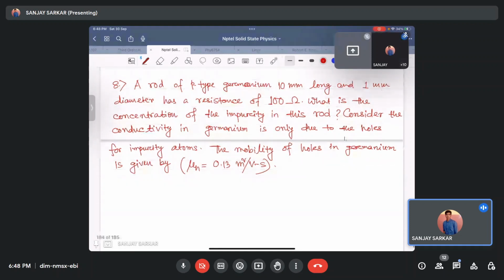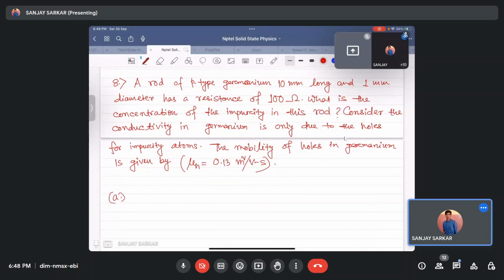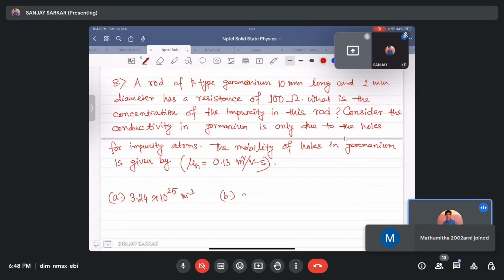So this is given, and these are the four following options: option A is 3.24 into 10 to the power 25 meter cube inverse. Option B is 2.10 into 10 to the power 13 meter cube inverse.